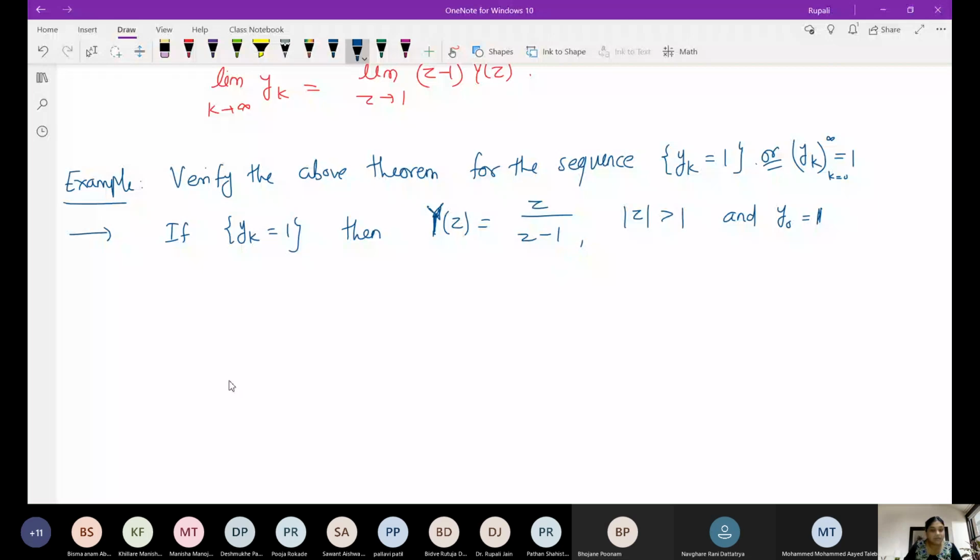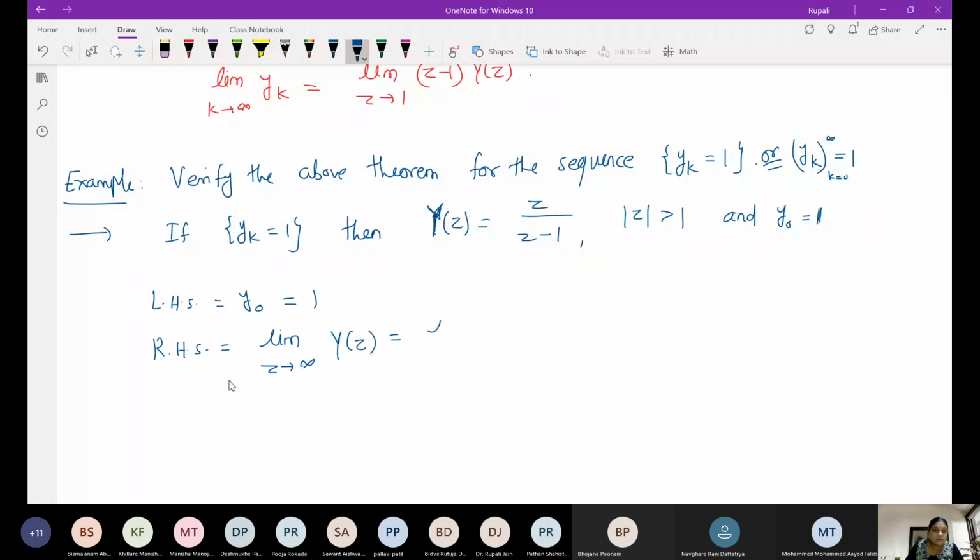Now we want to show that y(0) is nothing but limit z tends to infinity Y(z). So what is LHS? LHS is y(0) and it is equal to 1. What is RHS? Limit z tends to infinity capital Y of z.